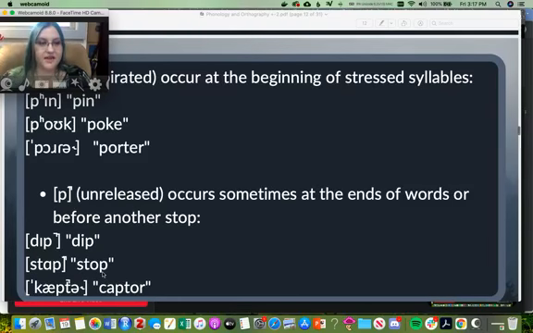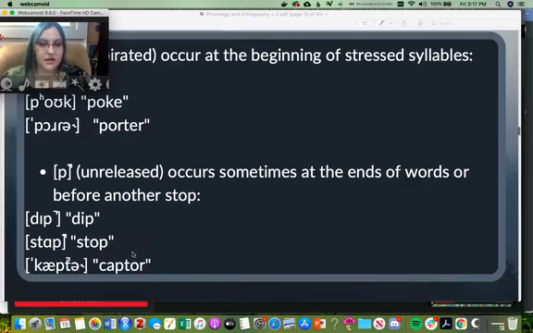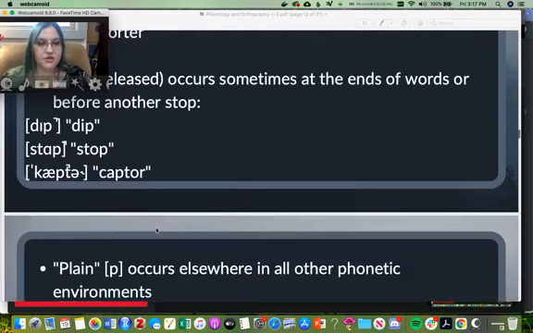They are not the same. You don't get an unreleased P at the beginning of a stressed syllable, and you would not get an aspirated P necessarily at the end of a syllable. You could, I suppose, if you really over-enunciated it, but typically you don't in normal speech.